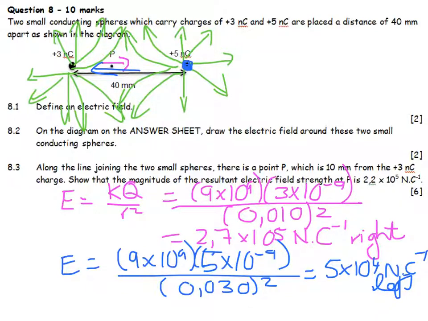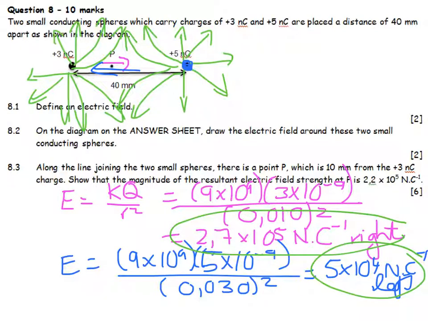These are both vector quantities, so I'm able to take them and do a subtraction. I've got 5 times 10 to the power of 4 to the left, and 2,7 times 10 to the power of 5 to the right.